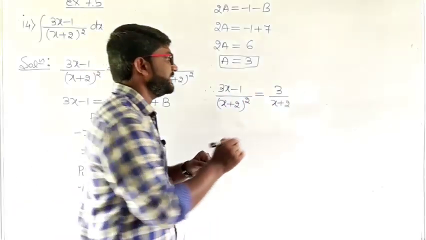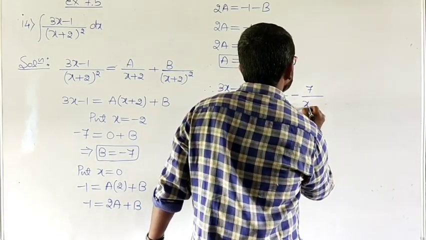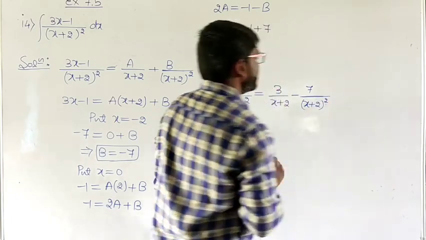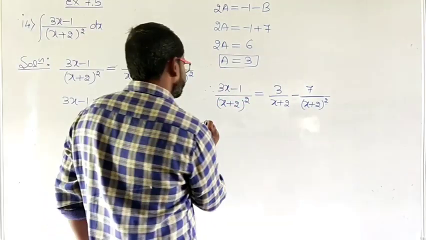Plus into minus it is minus 7 divided by (x plus 2) the whole square. In the next step we have to integrate both the sides with respect to x.